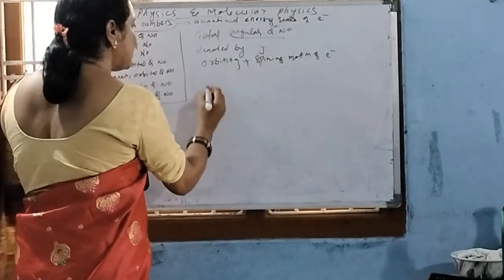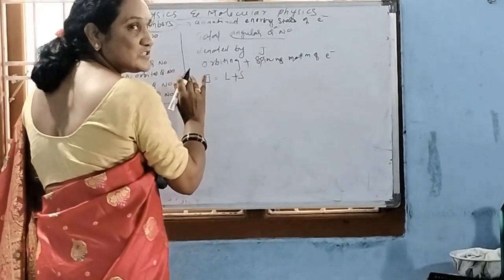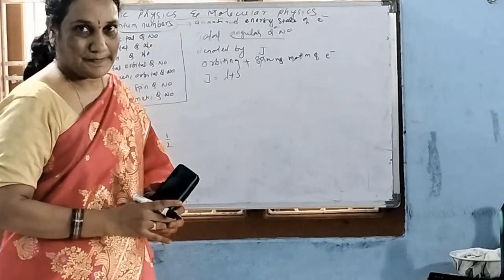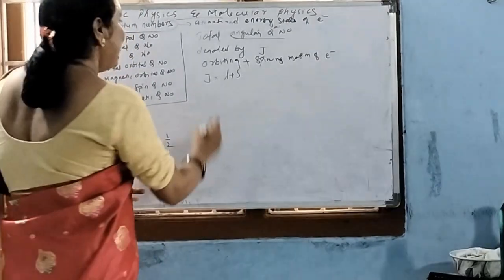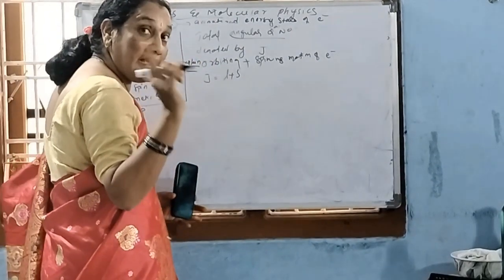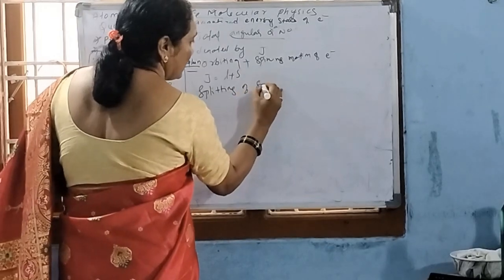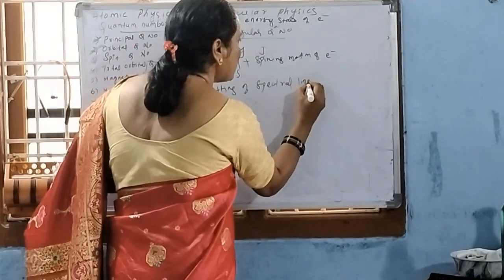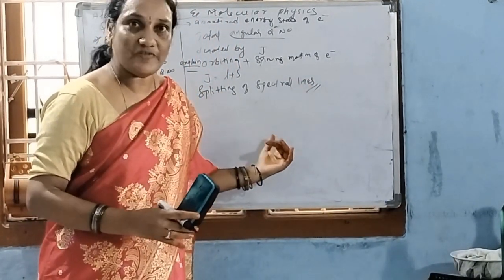So this is written in terms of L for orbiting and S for spinning, or we use small letters l, s, right? The main thing this explains, not only the orbiting and spinning motion, is the splitting of spectral lines.